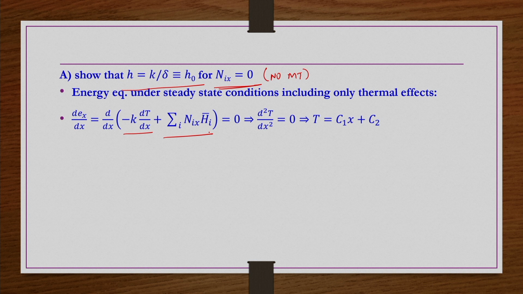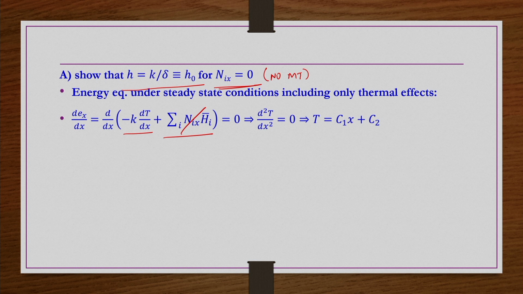So, dou by dou x of minus k dou T by dou x plus sigma Nix Hi bar, with variations in temperature and flux only in the x direction, as per the problem. Now, Nix is 0 for problem A, when there is no mass transfer.